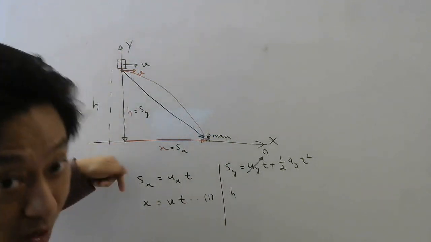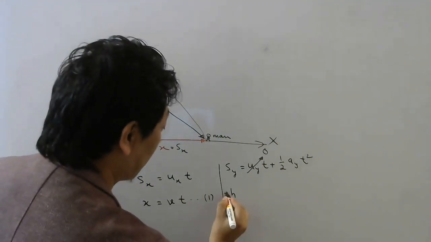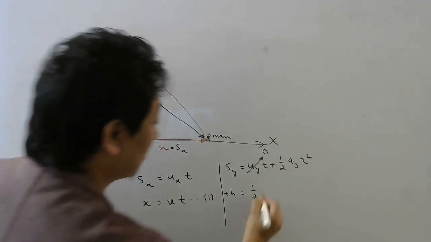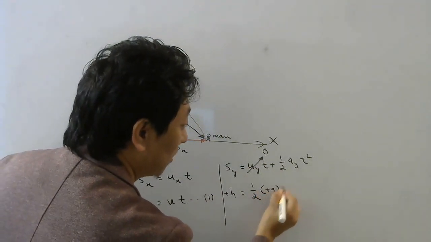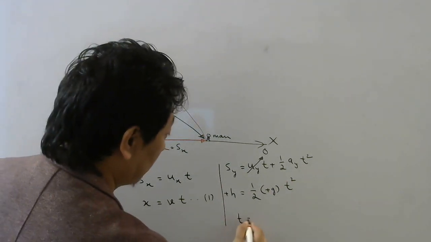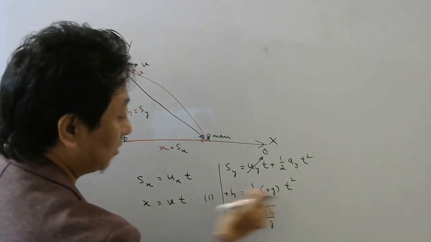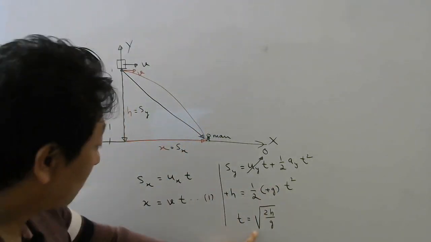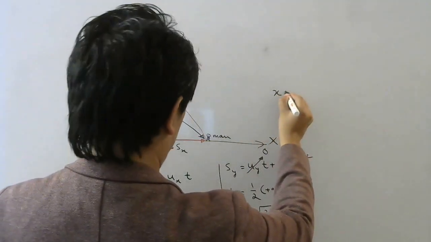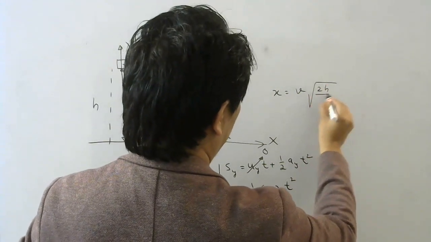So since it is downwards, let me choose downward direction positive, and write plus h. Half. Acceleration due to gravity along y-axis is plus g because I have chosen downward direction positive, right? So your t will be equal to root over 2h by g, right? Just cross multiply 2h and g. Then if I substitute this t here, what will be my x? v into t, root over 2h by g.